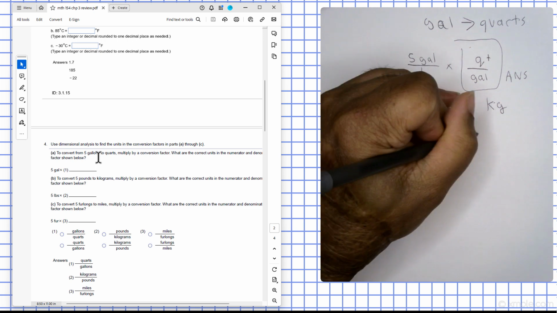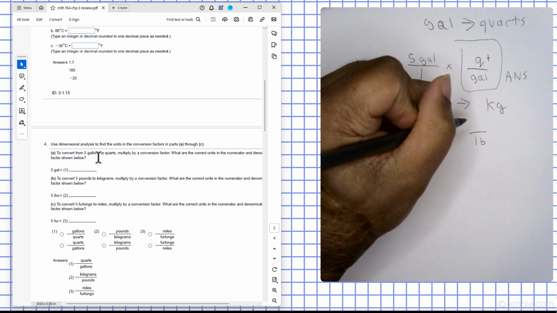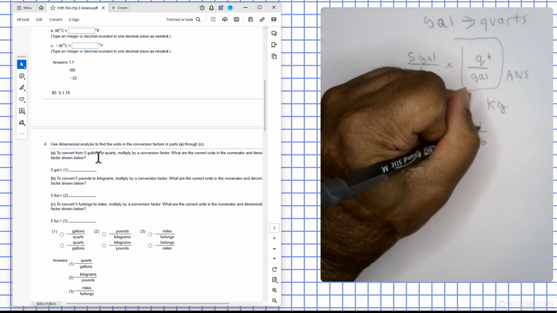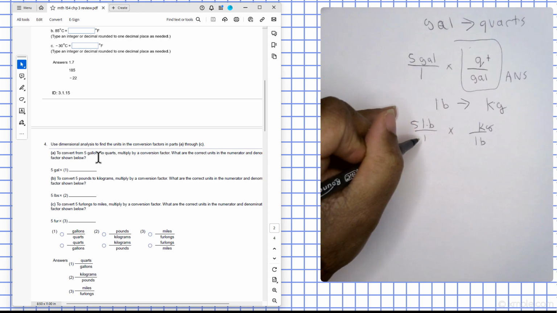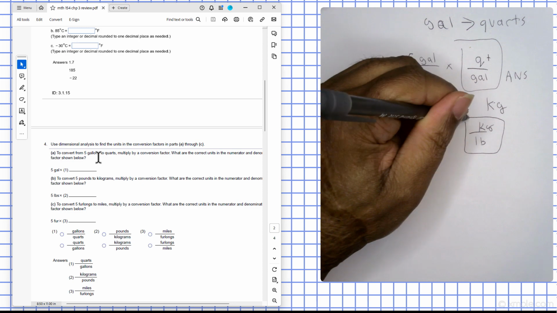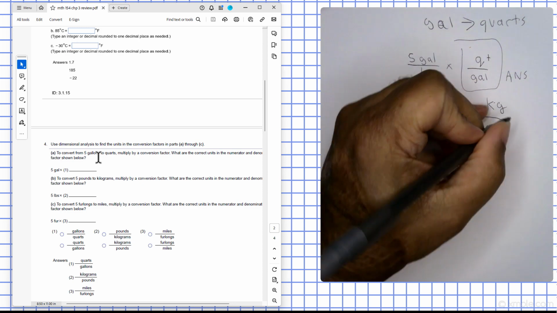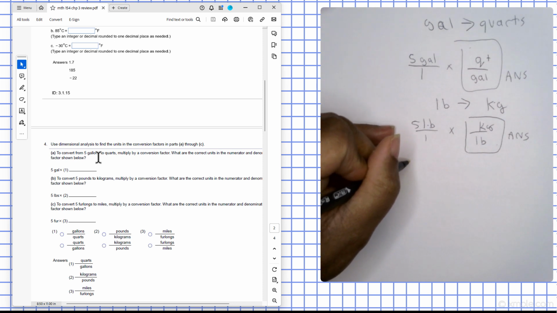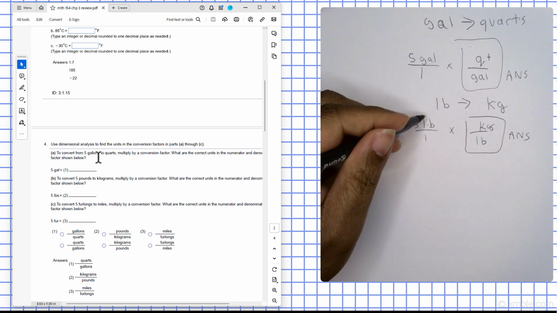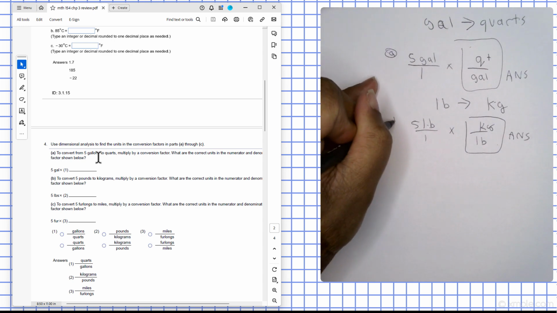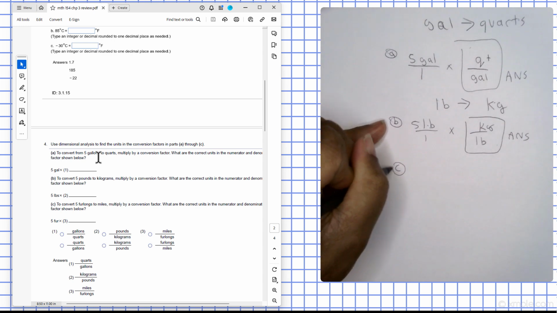So I want pounds to cancel out, so I can replace it with kilograms. In this case, the answer is kilograms over pounds. That was B, and this is C.